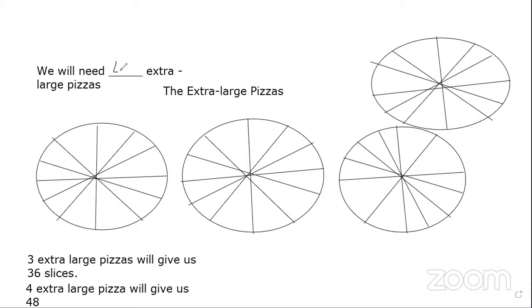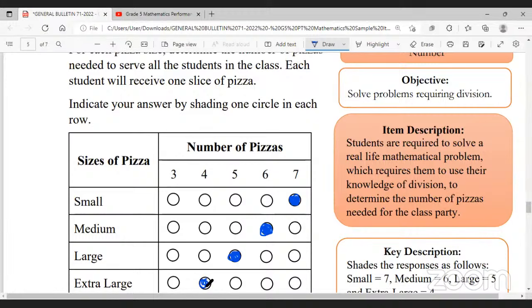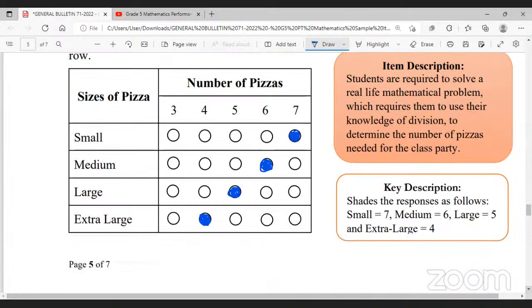So we need 4 extra large pizzas to get 42 slices. I hope we're all on the same page. So we need 4 extra large pizzas to get those 42 slices of pizza for the students.